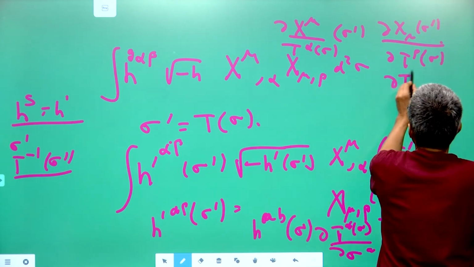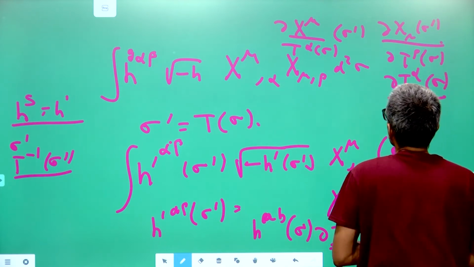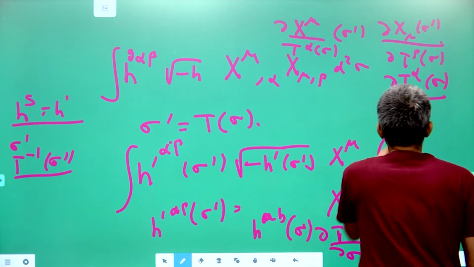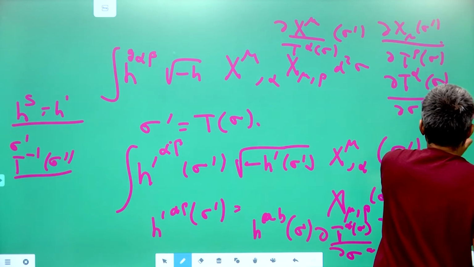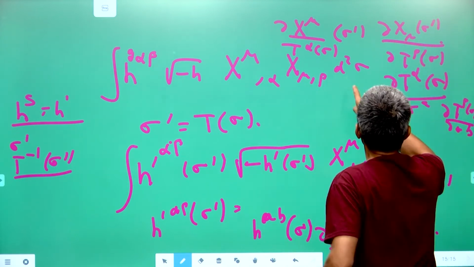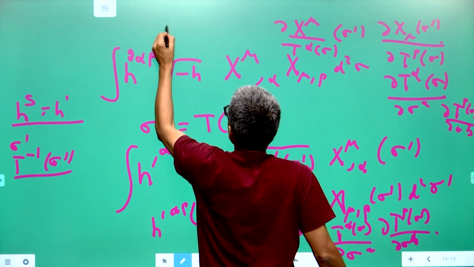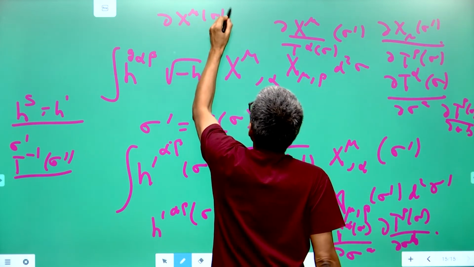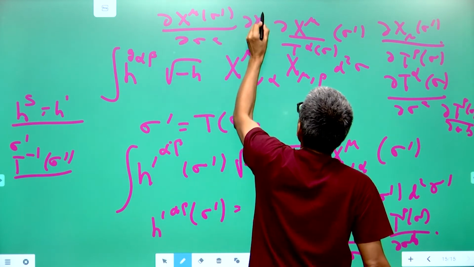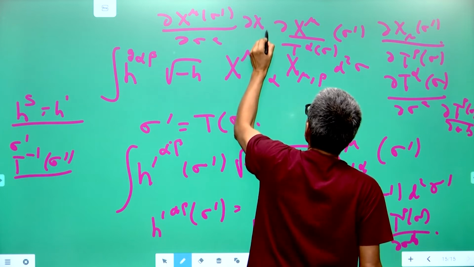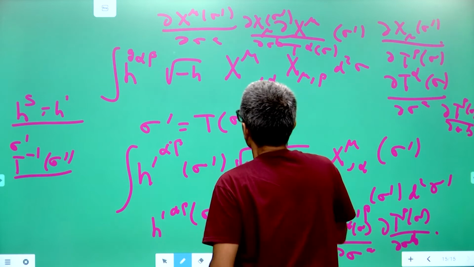That will be dou T alpha sigma by dou sigma a into dou T beta sigma by dou sigma b. So, you can apply the chain rule and this will cancel out. The product of these four terms is simply dou x mu at sigma dash, but now differentiated with respect to sigma a, and similarly dou x mu sigma dash divided by dou sigma b, where sigma dash is T of sigma.